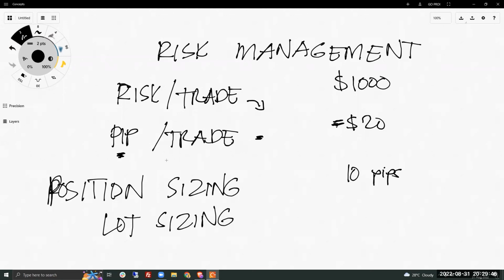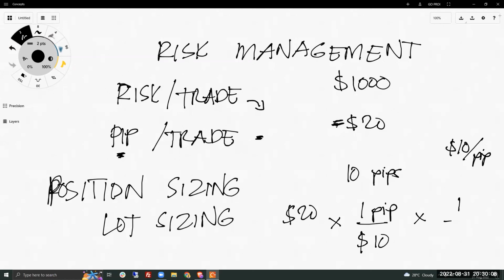So what should your lot size be, right? If it's $10 per pip, and you're willing to lose $20, and 1 pip is equivalent to $10, and you're willing to set a stop loss of 10 pips, so what would your lot size be? Right? So that's 20 over 100. So that is 0.2 lots for that currency pair.